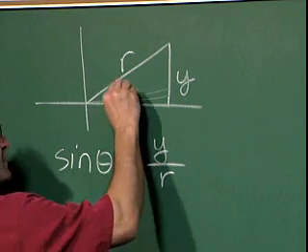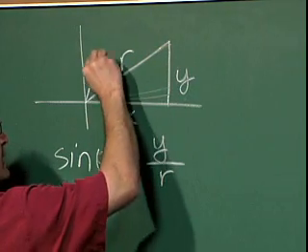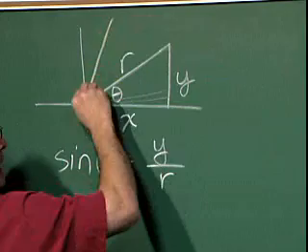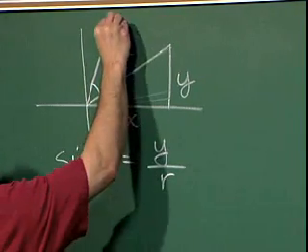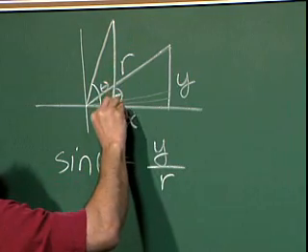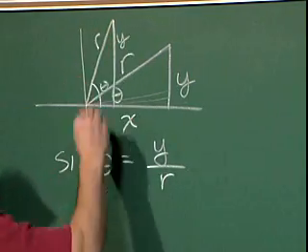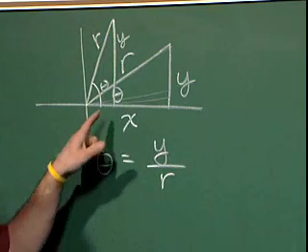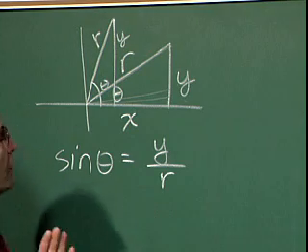But what happens as we let the terminal side of this angle theta come up like here? And this would be my angle theta. Well, what you'll see is the value of y, which is this side, compared to the value of r, what's happening is the value of y is getting closer and closer to the value of r.